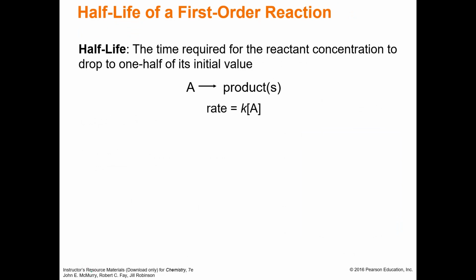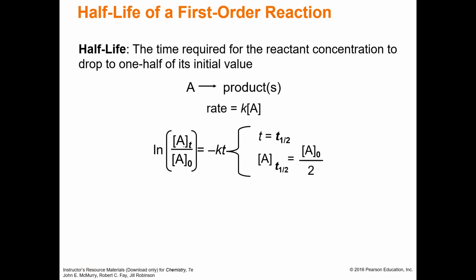Now, first order reactions are also particularly special in that their half-life is something that is easily calculated. Half-life is the time that's required for the reactant concentration to drop to 1/2 of its initial value. So if we start with a certain concentration, the time it takes for the reactant to get to half of that concentration is our half-life.